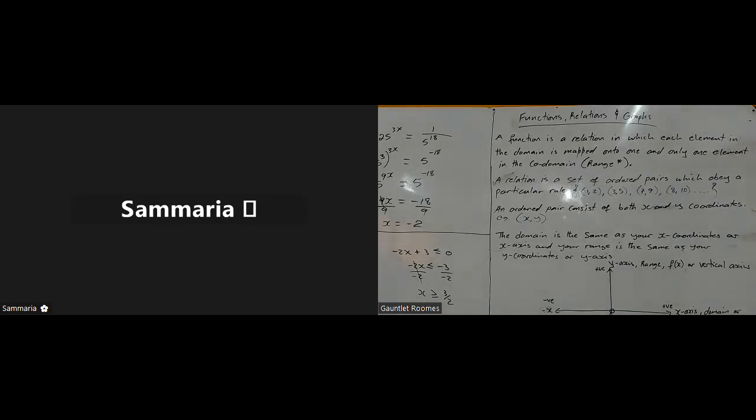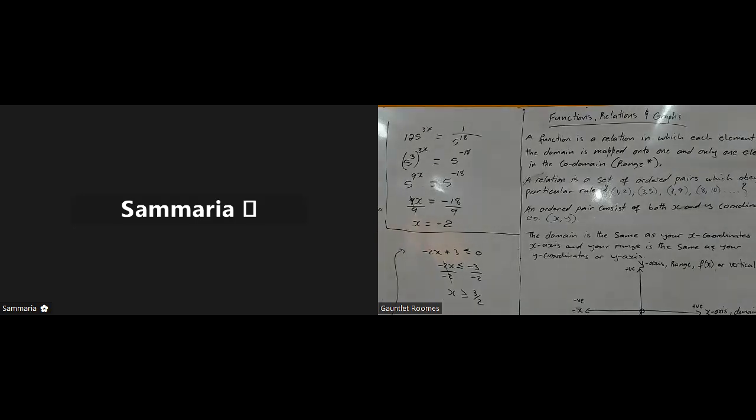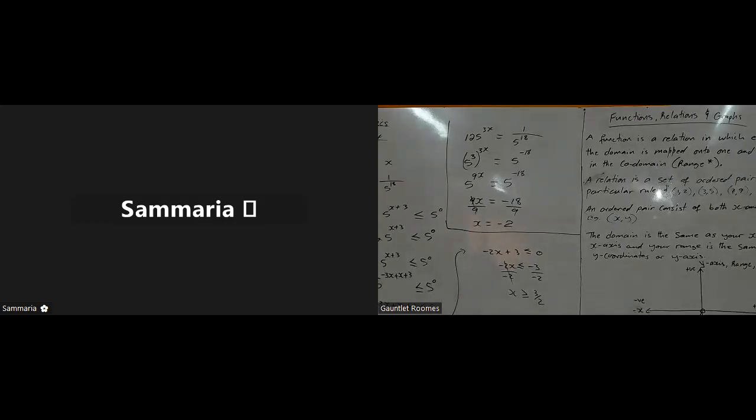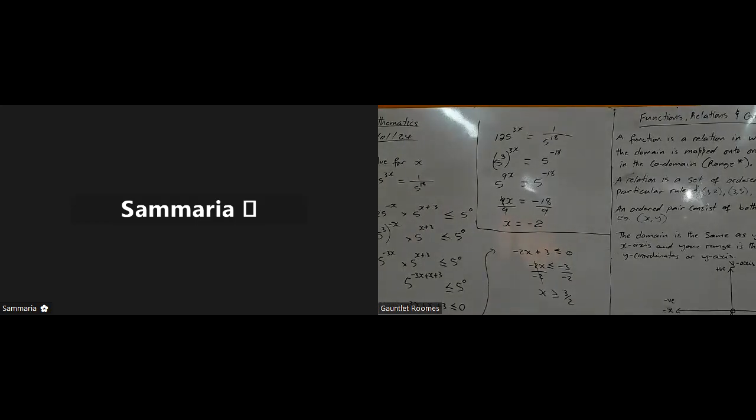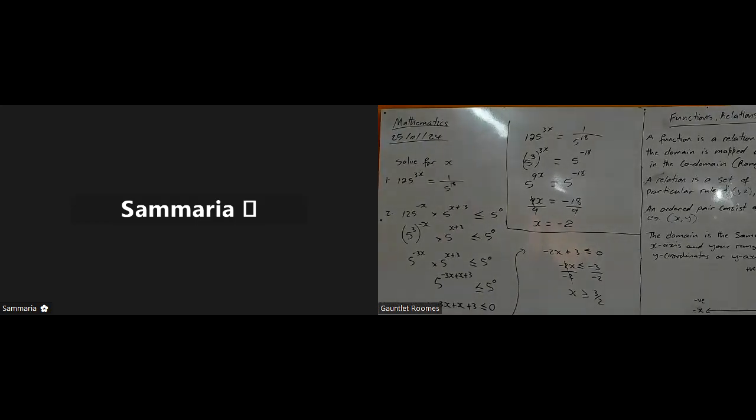CXC loves to give you these things on the multiple choice, and they love to give you these relation diagrams and ask you to determine whether it is a function or not. CXC loves to do that.